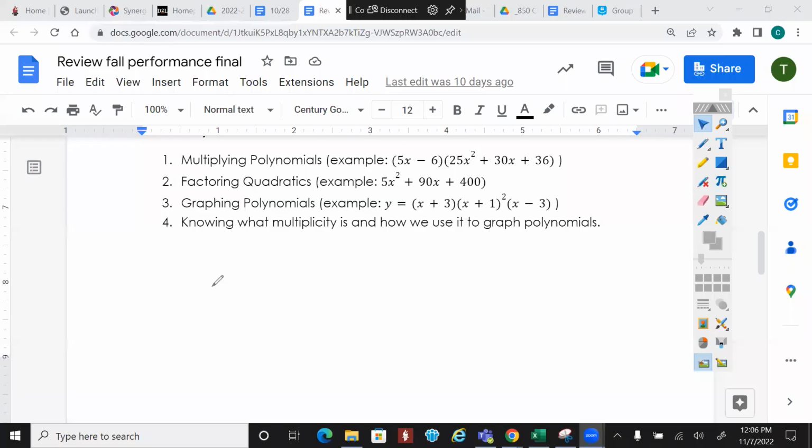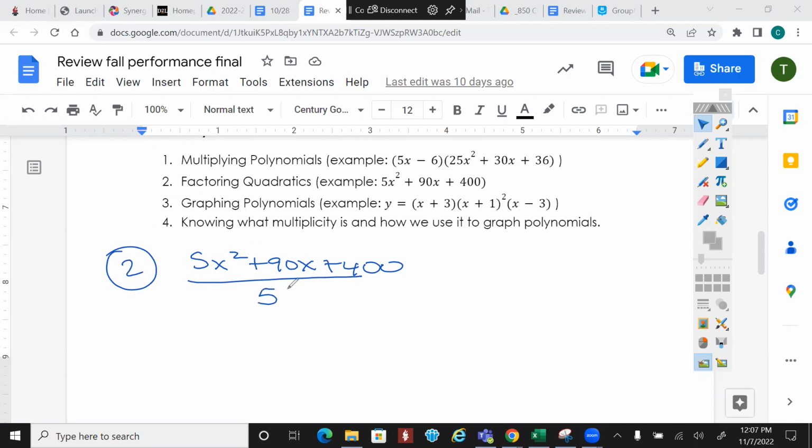Okay, number 2, factoring a quadratic. We've got 5x squared plus 90x plus 400. If there is a greatest common factor that you can take out, for instance some type of number, or if they all have x's, go ahead and do that. They're all divisible by 5.